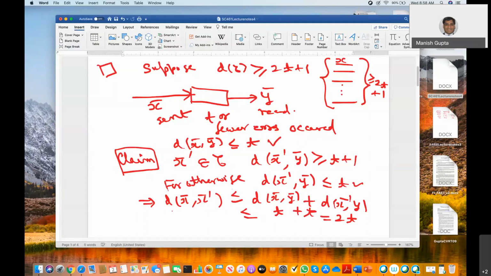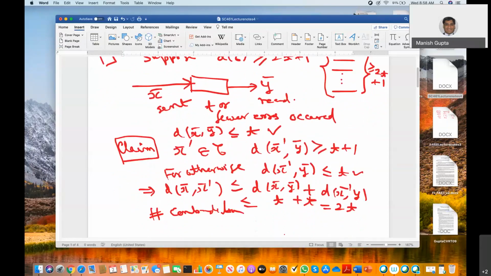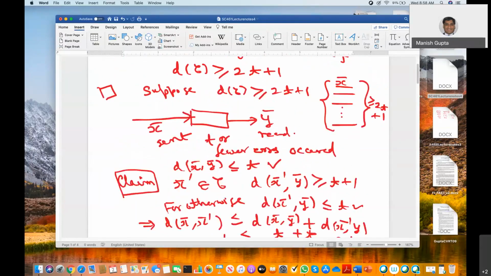That means the distance between X comma X prime cannot exceed 2T, which is a contradiction to the fact that the distance between any two code words is at least 2T plus 1. So this is a contradiction, and hence we are able to correct.